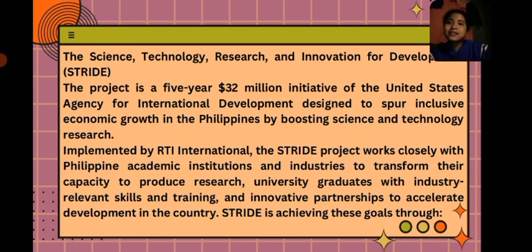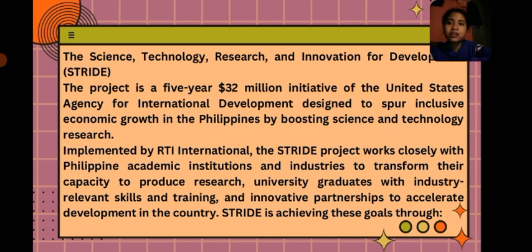The Science, Technology, Research, and Innovation for Development, or STRIDE, is a 5-year, 32 million US dollar initiative of the United States Agency for International Development, designed to spur inclusive economic growth in the Philippines by boosting science and technology research.